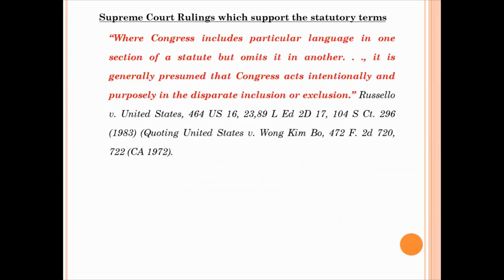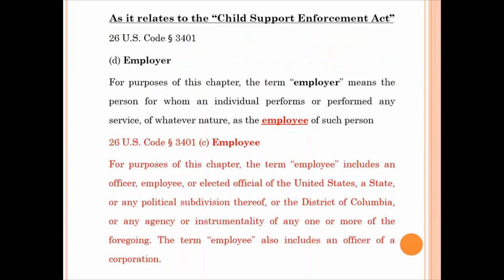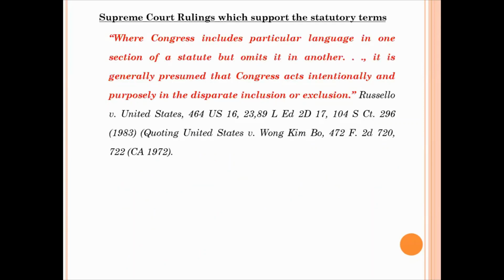Now we're going to go ahead and direct our attention to case laws, which was already discussed in part 1 and part 2. I'm not going to read them. I'm just going to breeze by them. So if you would like to pause, please feel free to do so.